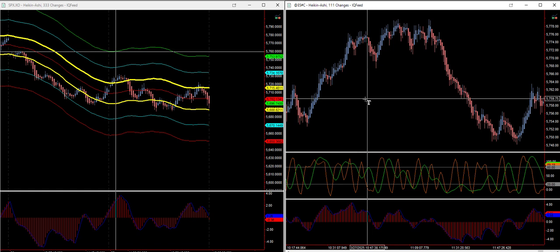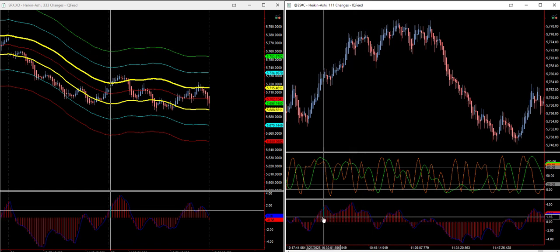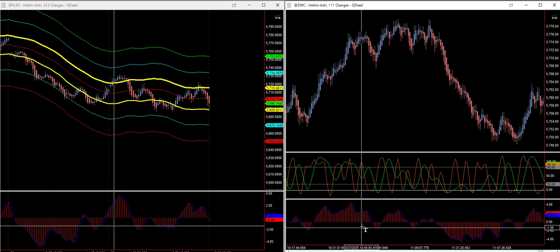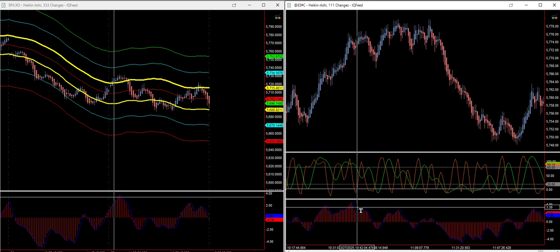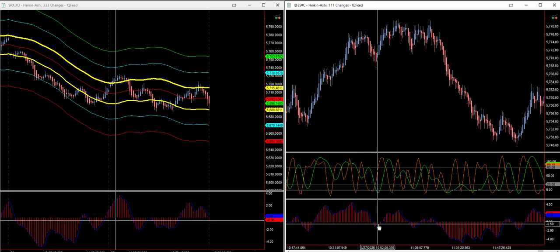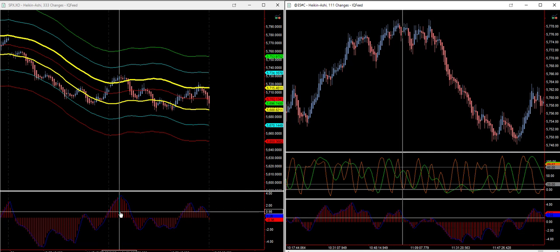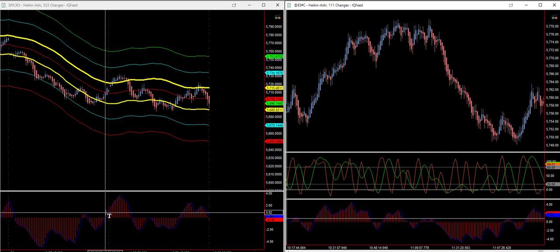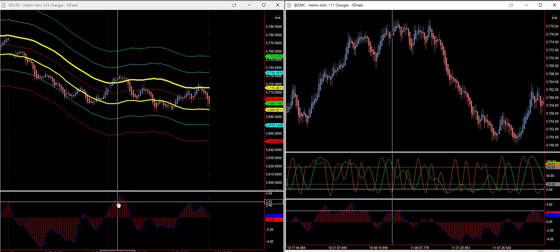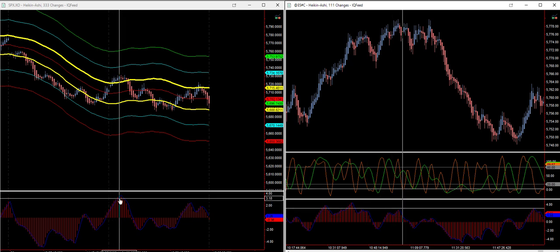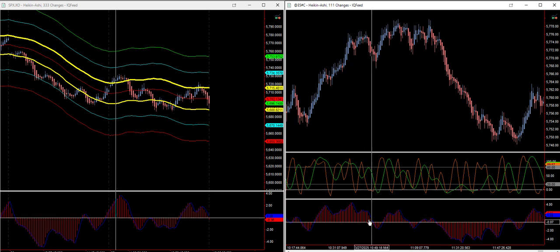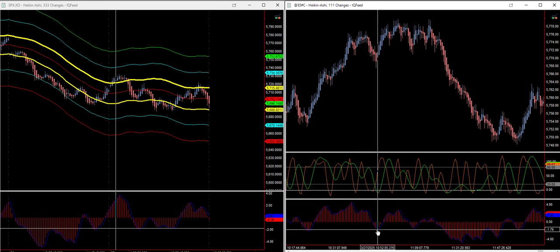All right, so here on the right side, I want the Fisher transform to be on the other side of this momentum on the left side. So if the momentum is moving on an upward trajectory, as you can see very clearly, we need this one to pull back.